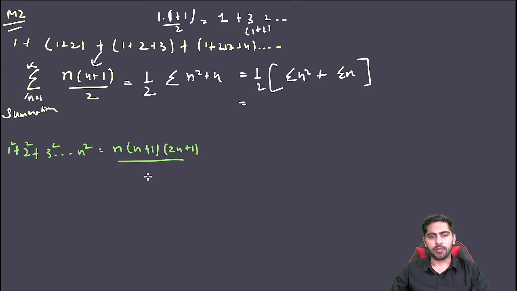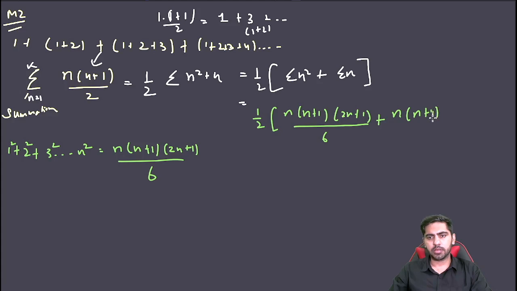So that is your required formula, right? So this is going to give me half into n into n plus 1 into 2n plus 1 by 6, and plus sigma n. Now sigma n is nothing but n into n plus 1 by 2.